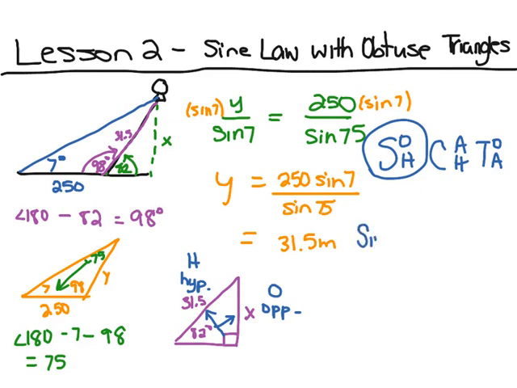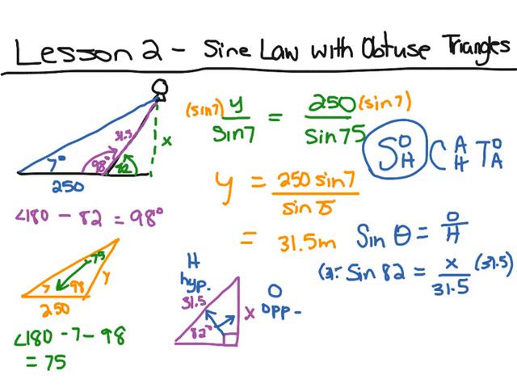So sine of our angle is equal to opposite over hypotenuse. So sine of 82 is equal to x over 31.5. Since x is on the top, you multiply. So type 31.5 sine of 82 is equal to x.